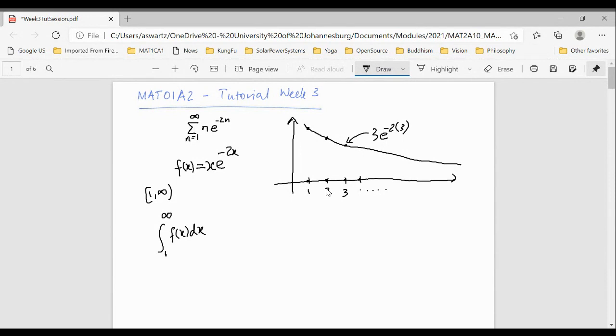Now we need to first double check that the conditions for this theorem are satisfied. In other words, this function has to be continuous.